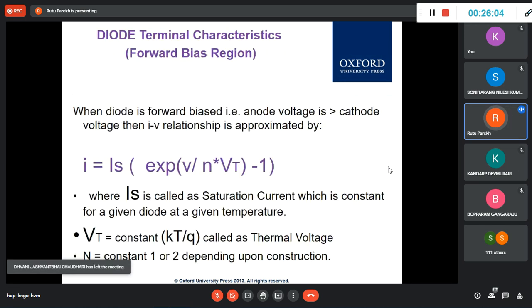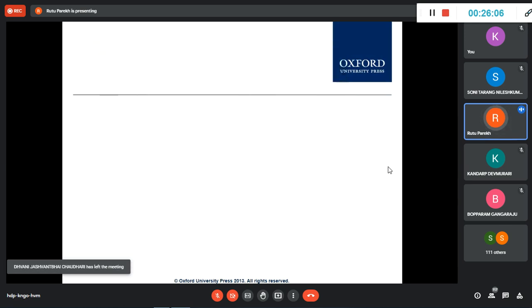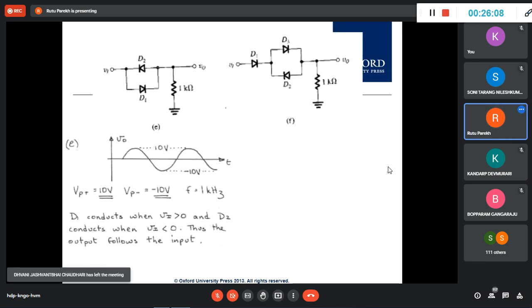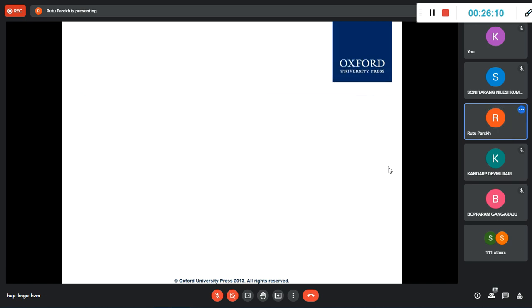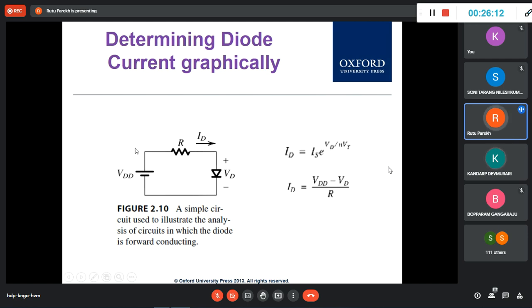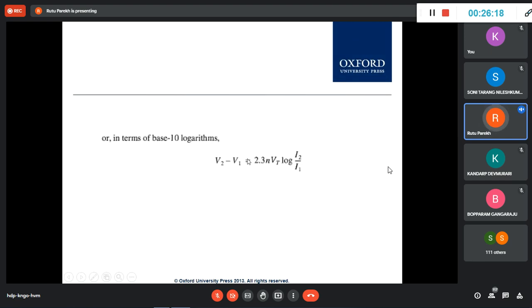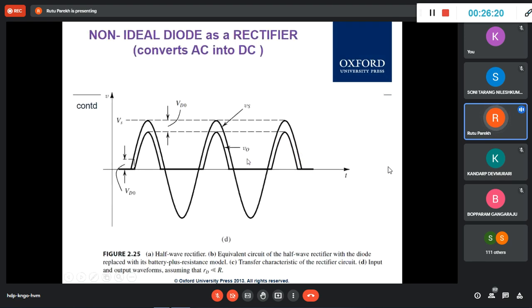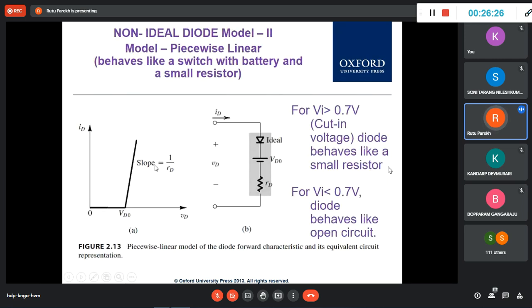As I was talking right now, we don't want this exact current. Let's say if you want an exact current, you will have to use this equation. But just to know whether the wave we get, positive half, negative half, how it is behaving, you don't need an exact current. Then you can take this constant voltage drop model.